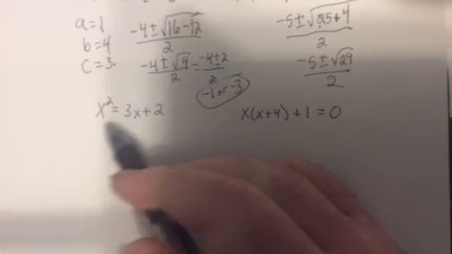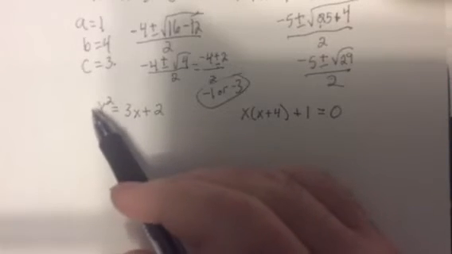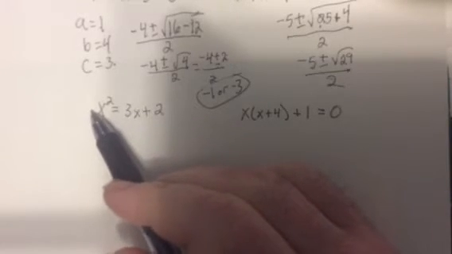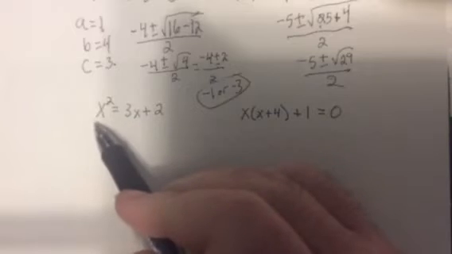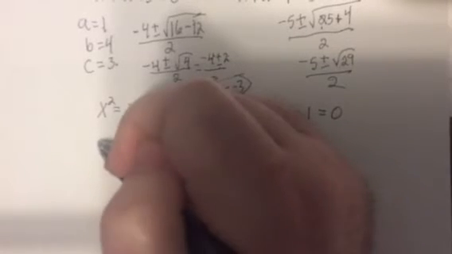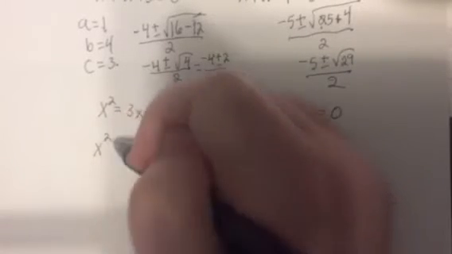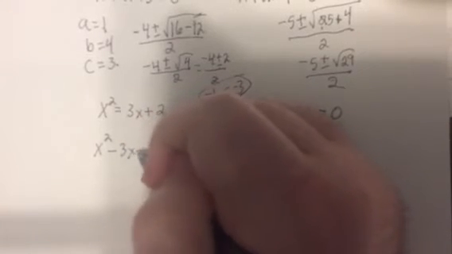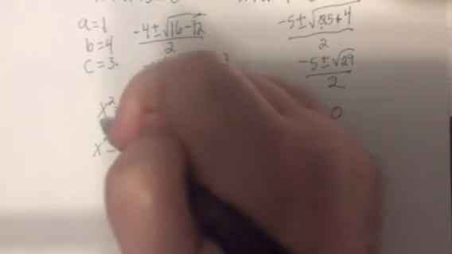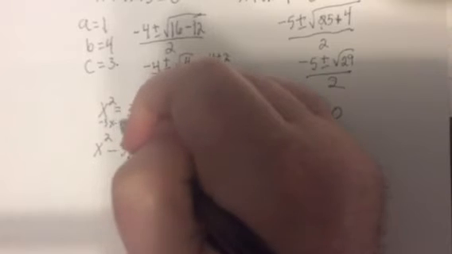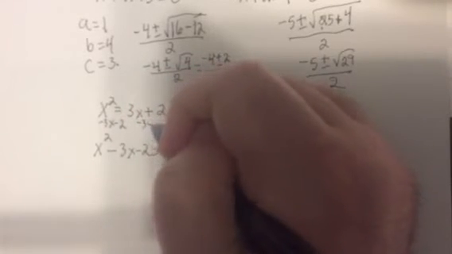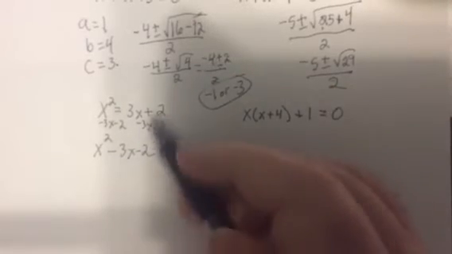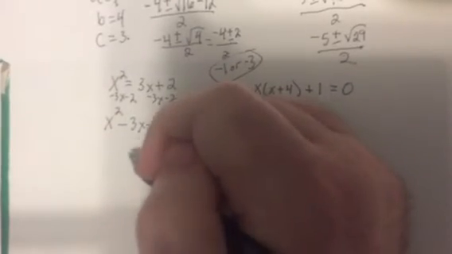Oh no, this is not on the same side. Now, I like to keep my coefficient of x squared positive, so I'm going to subtract 3x and subtract 2. Don't have to do that, but it just seems to me a lot easier. So I subtracted 3x, subtracted 2. This turns into 0, and I cannot combine any of this, but let's do the quadratic formula.